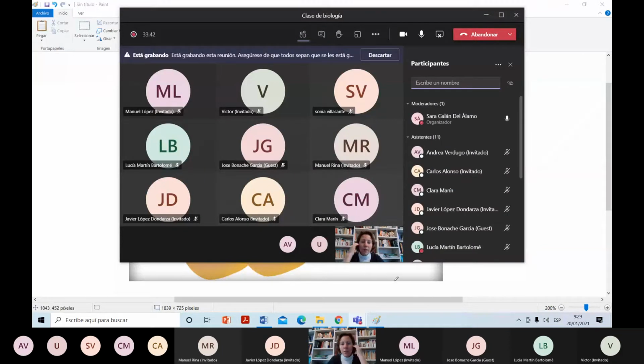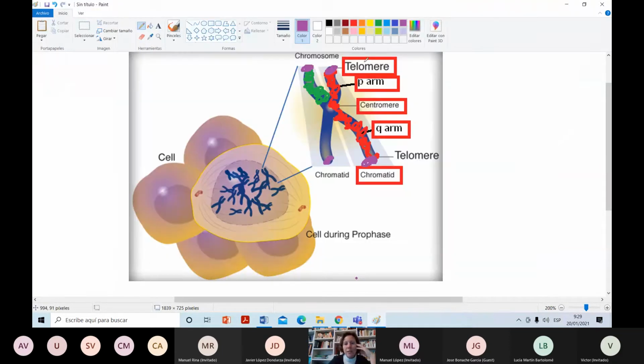Yes, okay. Well, those are the parts then. The telomere that we've got in purple, the P arm in green, the centromere, that is the central region, the Q arm here, and the chromatid, everything in red. Those are all the parts.